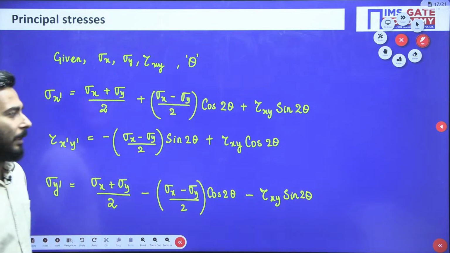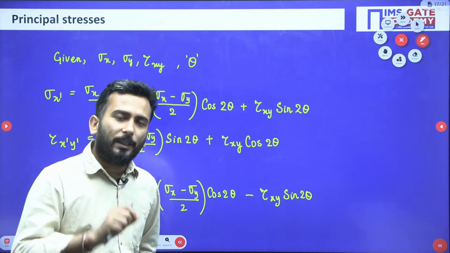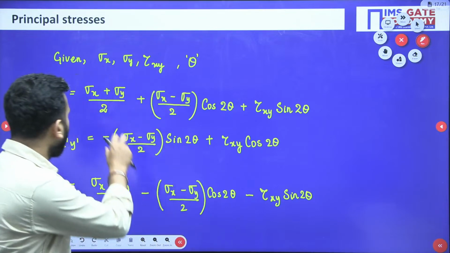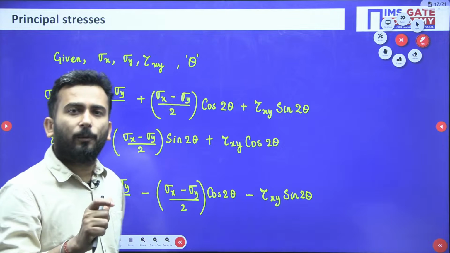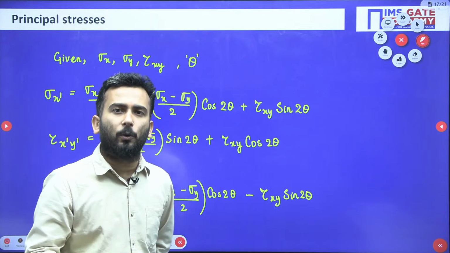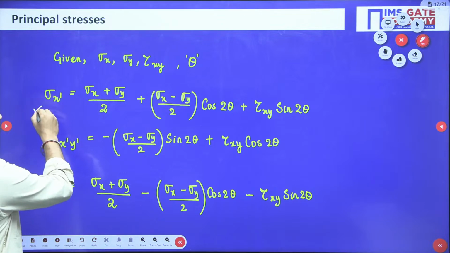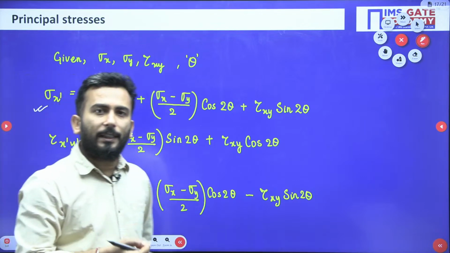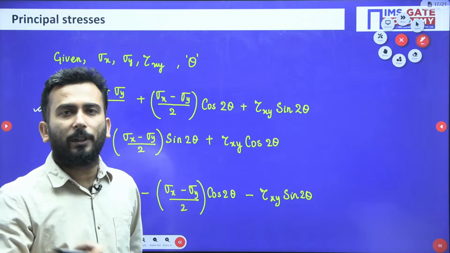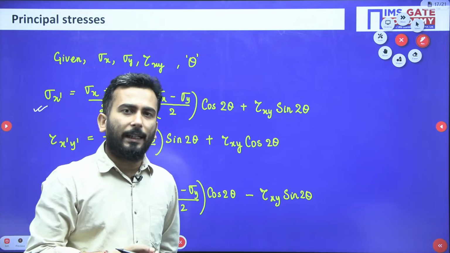Now I wanted to know on which plane the value of normal stress will be maximum. I already had the equation with me, so I can simply differentiate it with respect to the variable theta and put it equal to 0, and I will very easily get it, right?